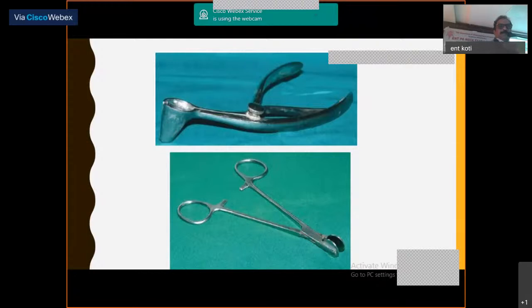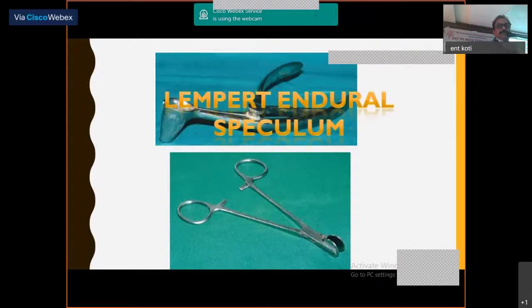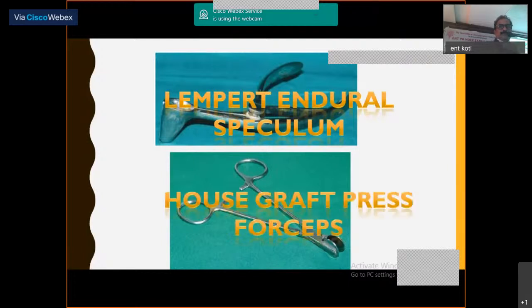You need the proper names. The Lempert's endaural speculum is used for endaural incision. This is House graft pressing forceps for pressing the graft. After harvesting, to dehydrate the graft, you press it.